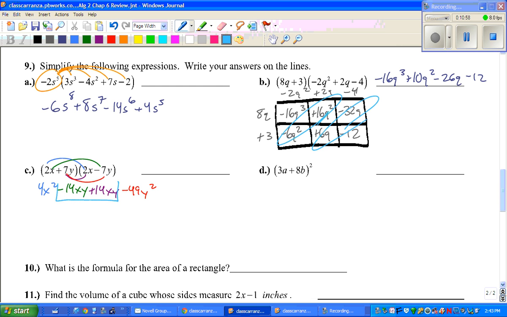You would combine your like terms in the middle, and those cancel, and you're left with 4x squared minus 49y squared. Okay. Remember that this tells us how many of the bases we have. Okay. Now, you guys can pause the video and you can multiply this out and write your answer on the line.